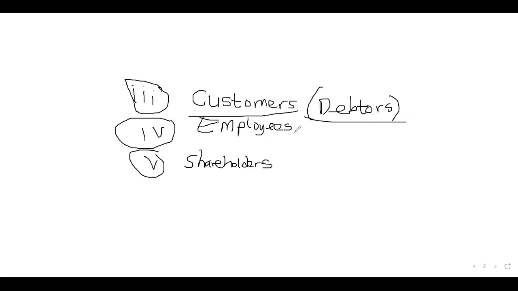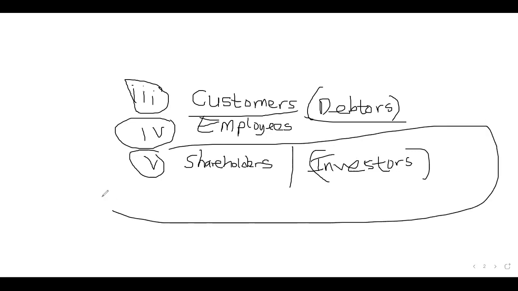Shareholders, or investors, actually pump funds into the business, so they really need to know the financial capabilities of the business. You can't buy shares in a company or invest your money in a company that is not doing fine.